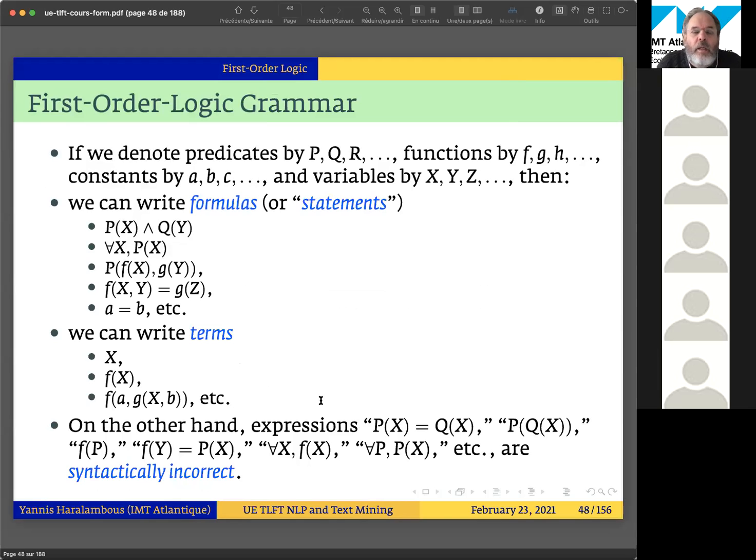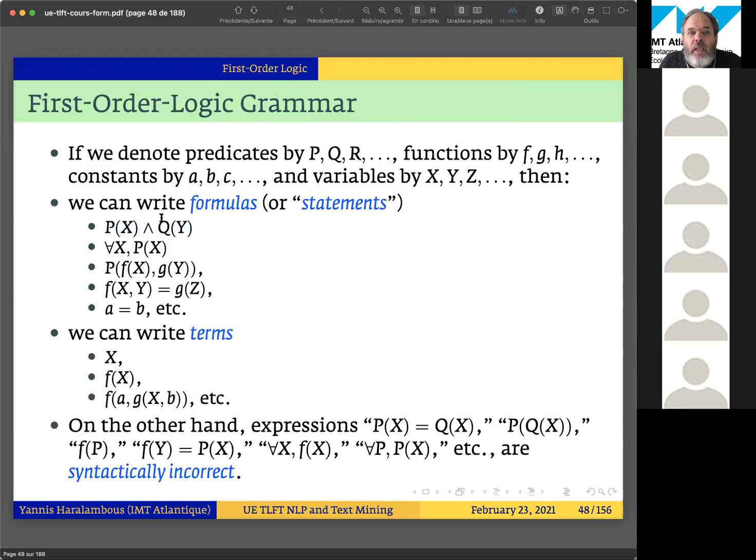And here I'm summarizing formulas and terms. If we denote by P, Q, R predicates, F, G, H functions, A, B, C constants, and X, Y, Z variables, then this is a formula.